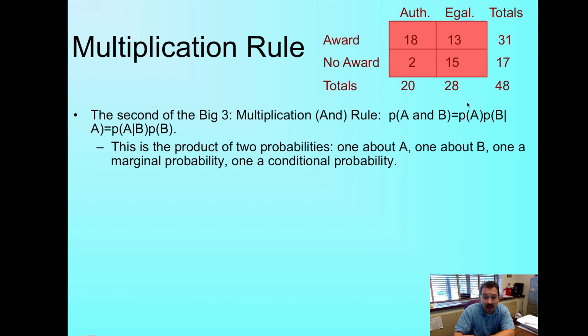So the probability of A or the probability of B by itself, these are called marginal probabilities. Basically, you're looking at, let's say A is award, well, you're looking at the margins. Okay, let's say B is authoritarian, you're looking at the margins. That's one way of describing why it's called marginal probability. And another is a conditional probability.